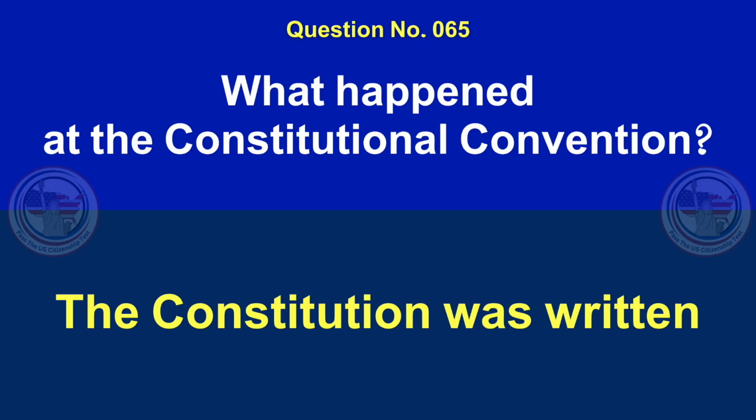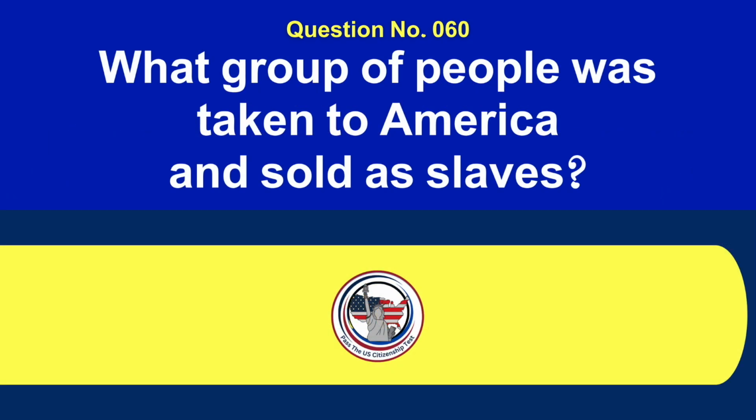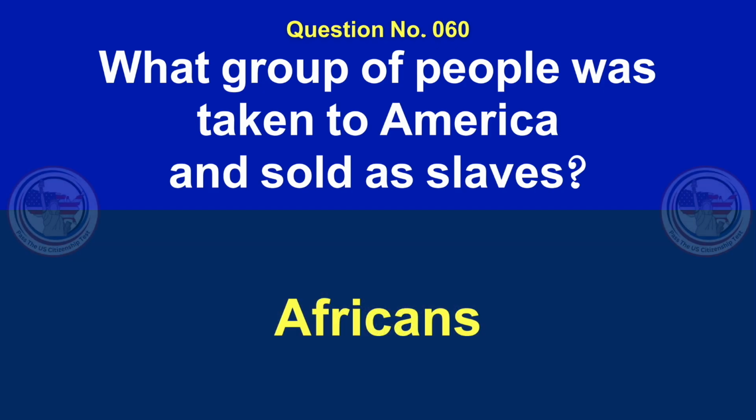The Constitution was written. What group of people was taken to America and sold as slaves? Africans.